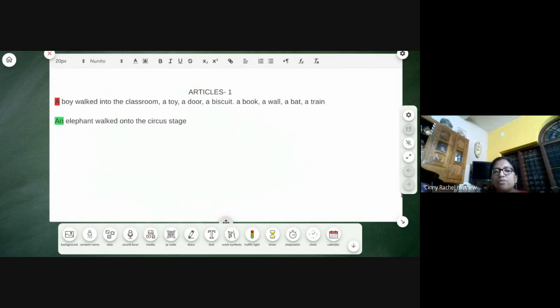So that is rule number two. A is the indefinite article that comes before a noun, and the noun would begin with a consonant sound.